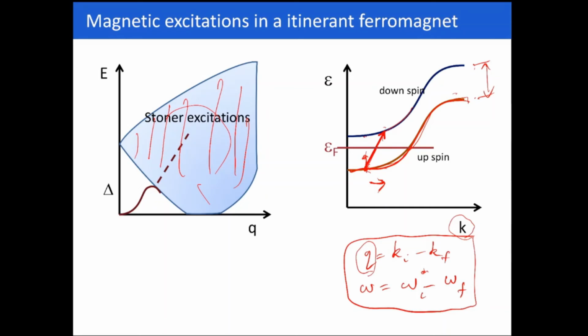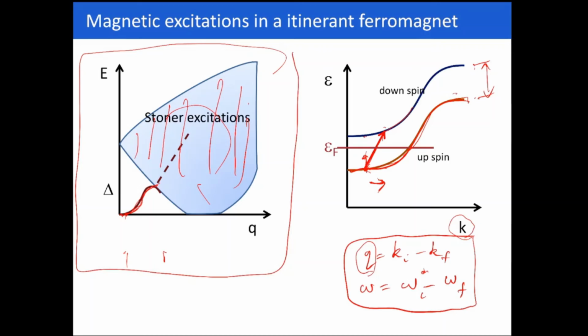But at lower energies you get spin wave excitations, because you remember it's very easy to get a long wavelength spin wave excitation where you locally rotate the spins. So this is the generic picture of magnetic excitations in a metal. So you have spin waves down here, and then at higher energies and higher Qs you have Stoner excitations.